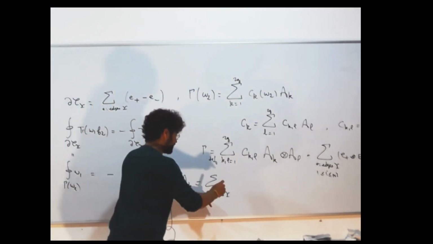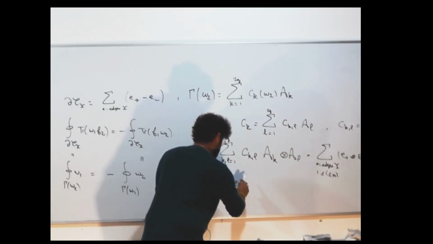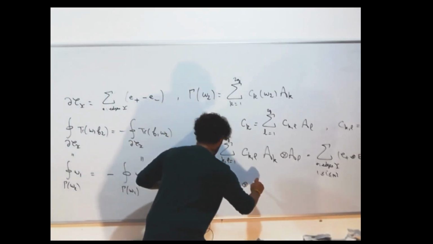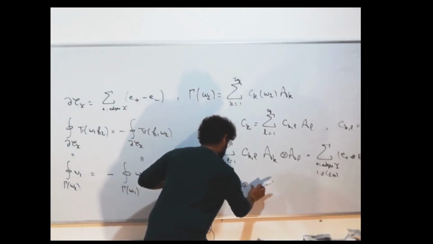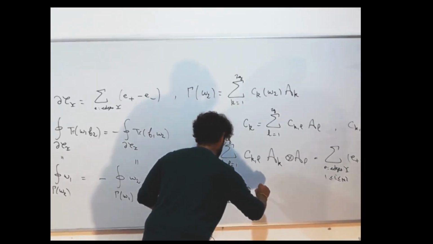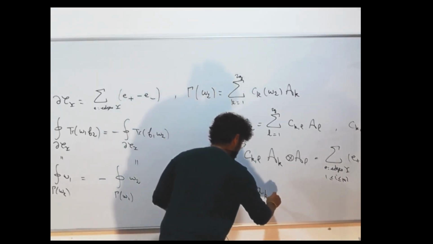Okay, so then you can write this as E tensor some coefficients, so maybe we can call them A, K, comma E.